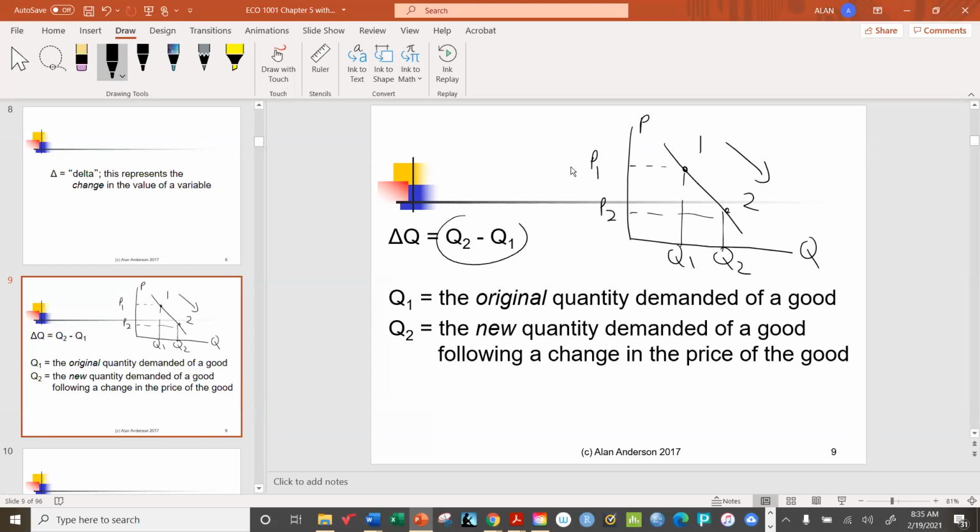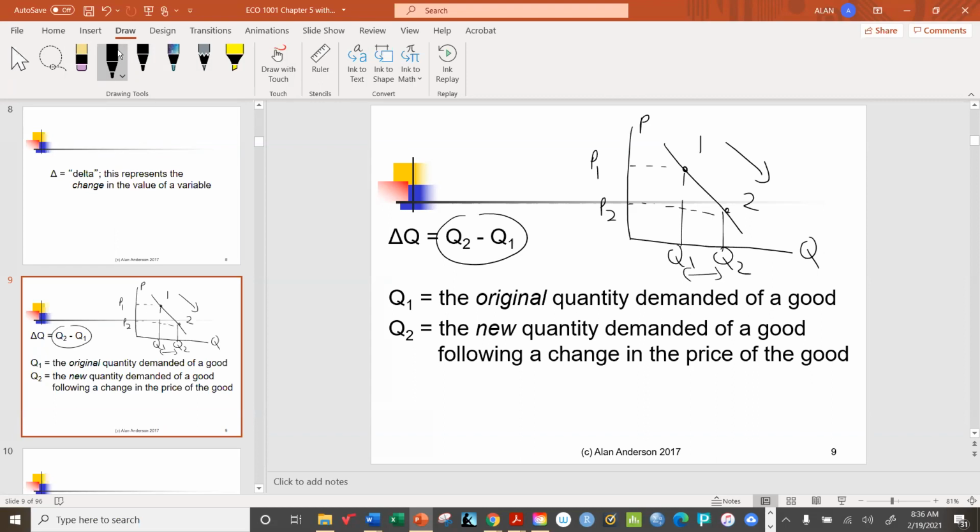And so the difference in the Qs is the difference between these two values. So, in other words, this is the absolute change in Q. It's not the percentage change, it's the absolute change. How much did the quantity change when the price changed? That's what we're trying to capture.